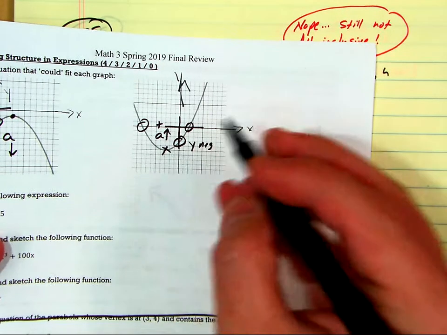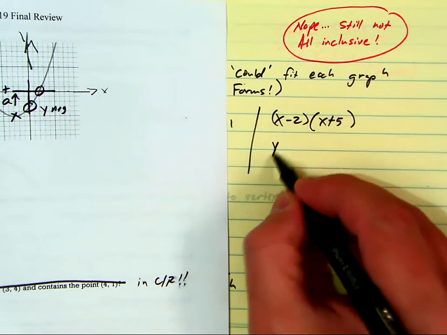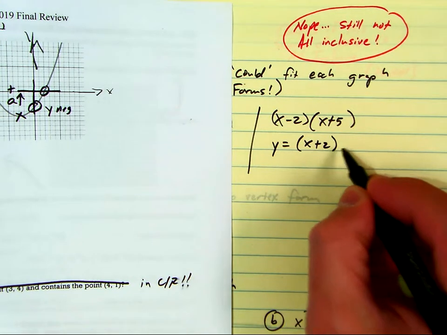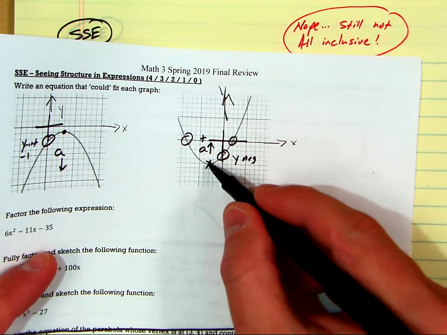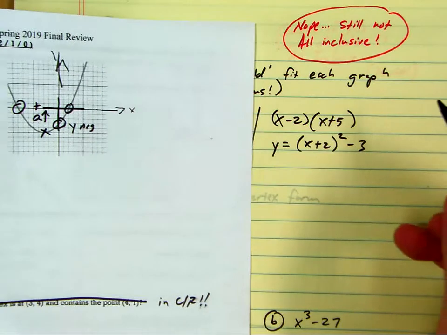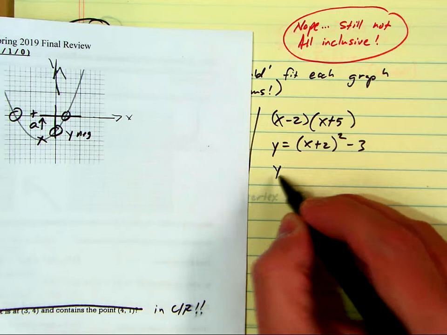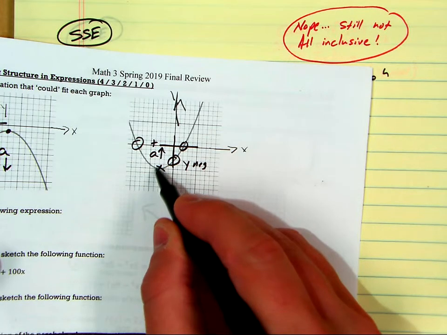How about vertex form? If my vertex is right there, both of the coordinates are negative, and a is positive, I could just say it's y equals x plus 2 quantity squared minus 3. That would fit that vertex right there. And what about standard form? Expanded form. Just got to make the y-intercept negative with negative b over 2a.